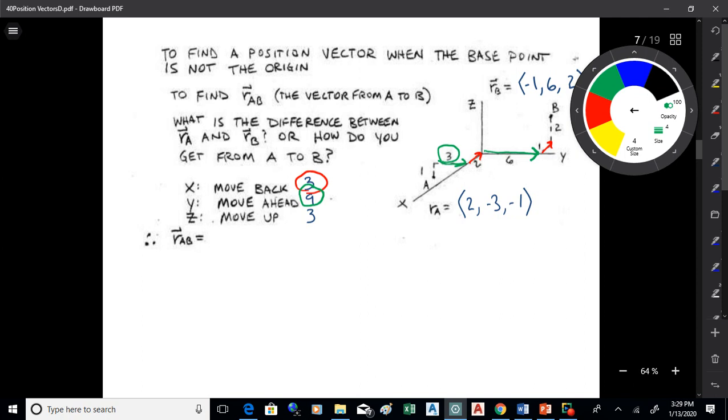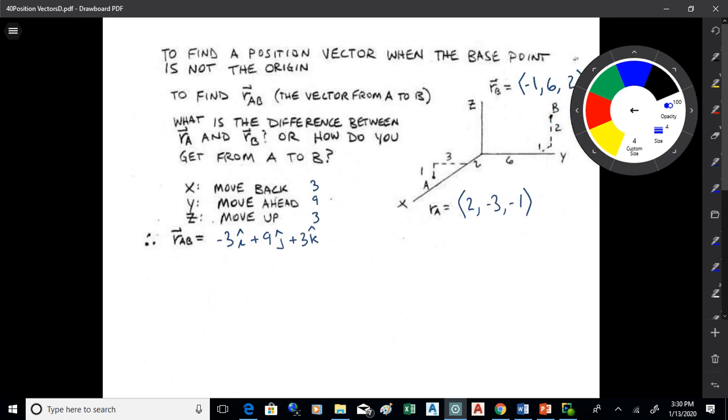And then in the Z, going up 1, going up 2 more, that makes 3. Okay? So that's how I get from A to B. So I can make that a vector. It's minus 3i plus 9j plus 3k. As I've mentioned, if you want to write them out like this, that's fine with me, and I often do that because it's quicker, it's faster.